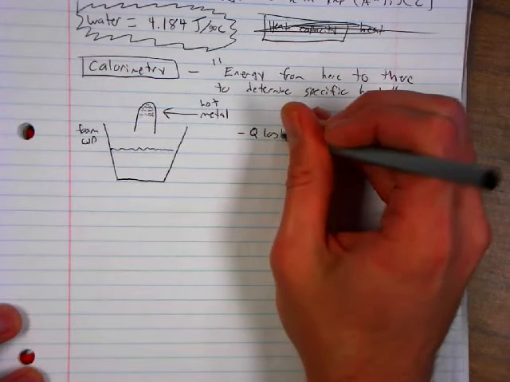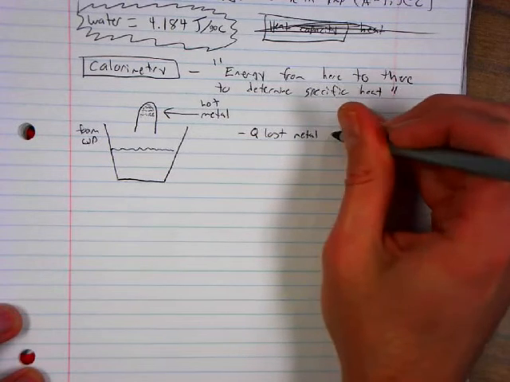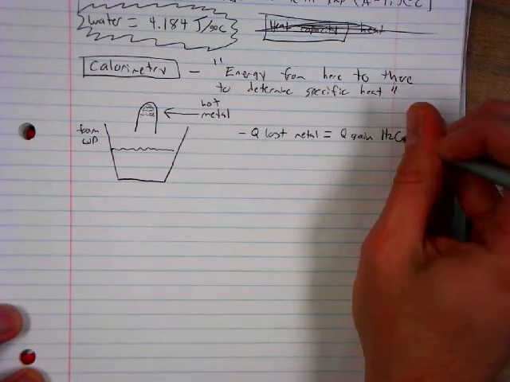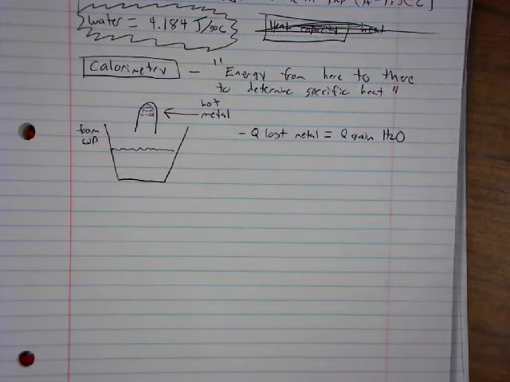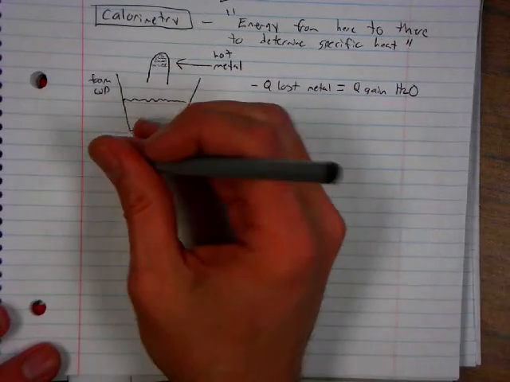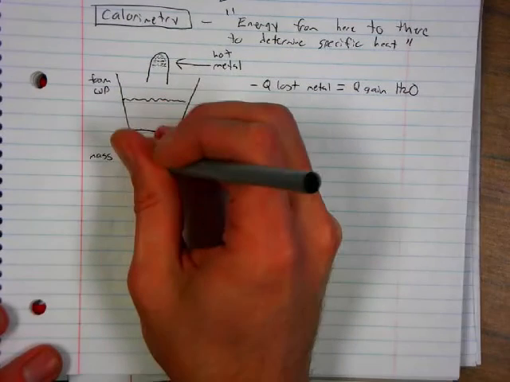We know that negative Q lost of the metal should equal the Q gain of H2O. The energy lost from the metal should equal the energy gained by the water.